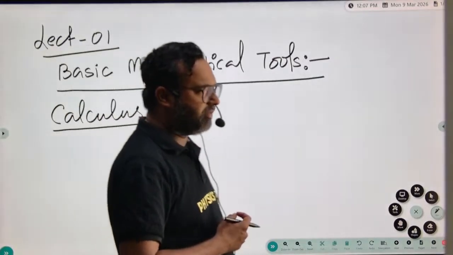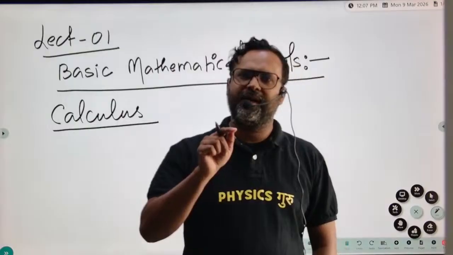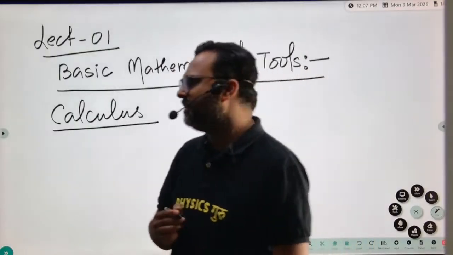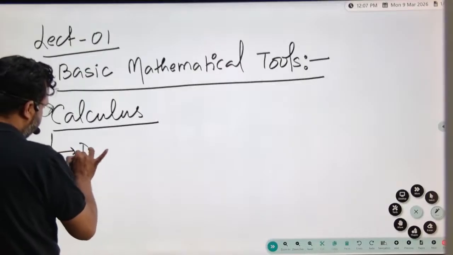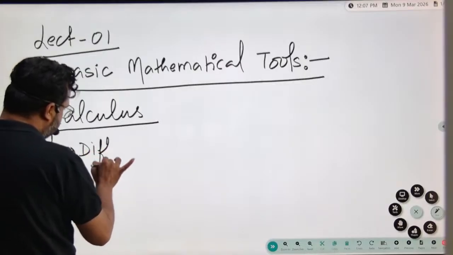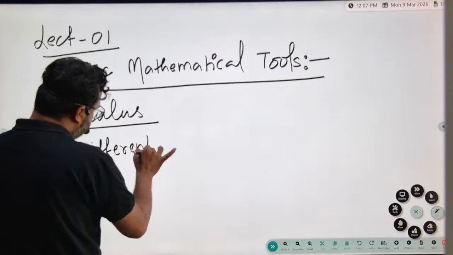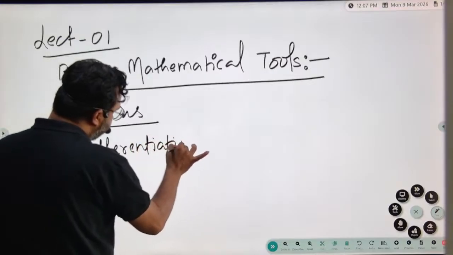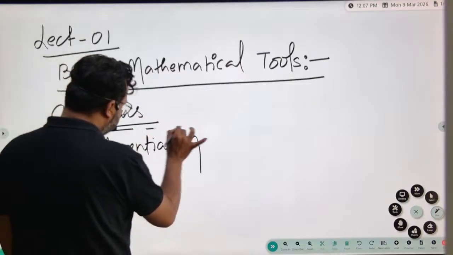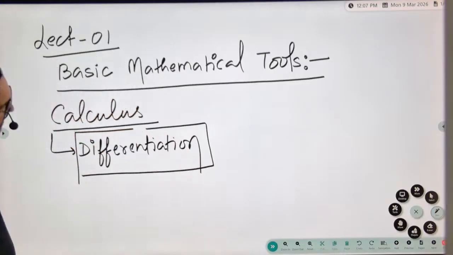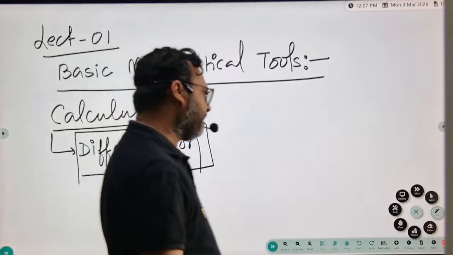The first one is called differentiation and the second one is called integration. So in today's session I will be covering differentiation.